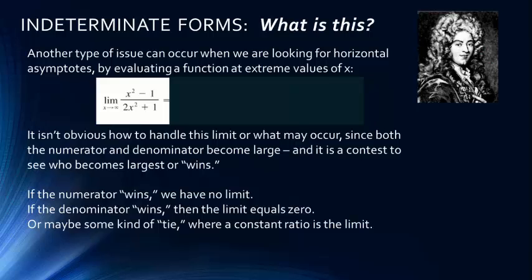Again, think of 1/2 versus 1/1000. From 1/2 to 1/1000, we're getting closer and closer to 0 or to a smaller number. Or maybe we have some kind of tie, and by a tie here we mean that the numerator and denominator are growing in some form of ratio, and that constant ratio would then be the limit.